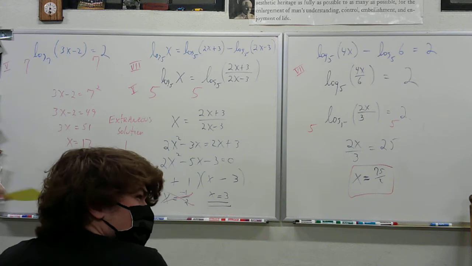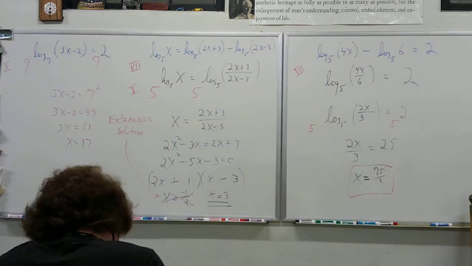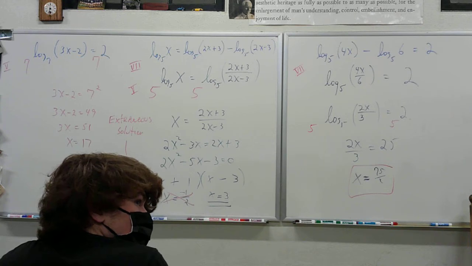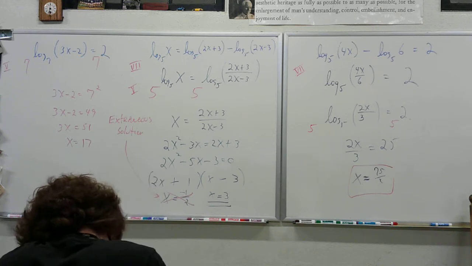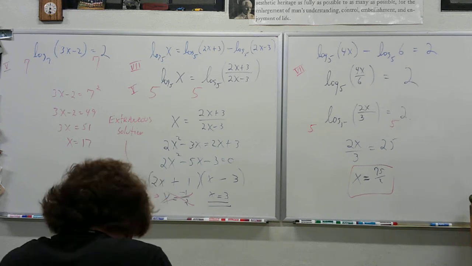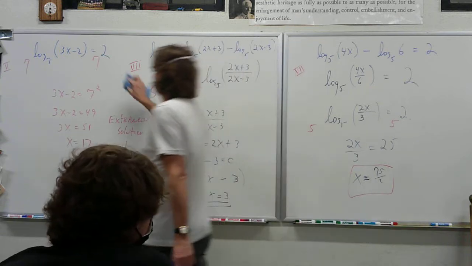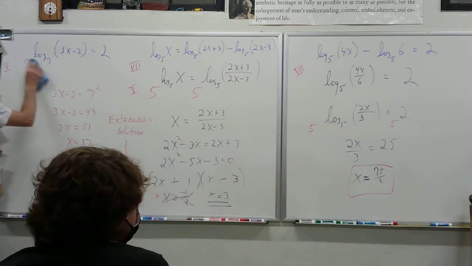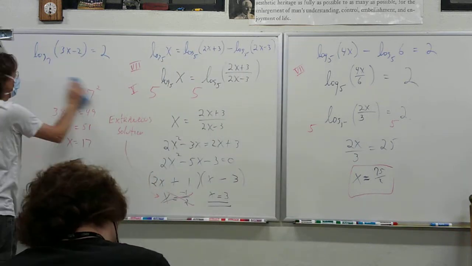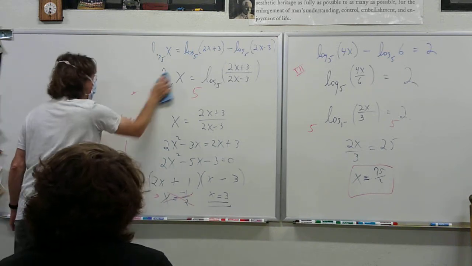All right, number 20. 81 raised to the x. Can y'all read it, or you need me to? And then it's 3 raised to the 2x plus 16. Okay. If y'all don't mind, I'll never remember where those came from. Okay, here we go. Number 20.